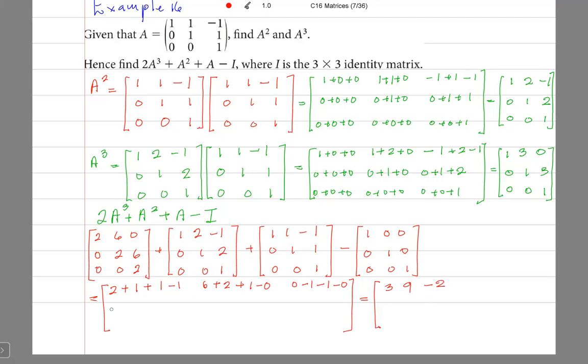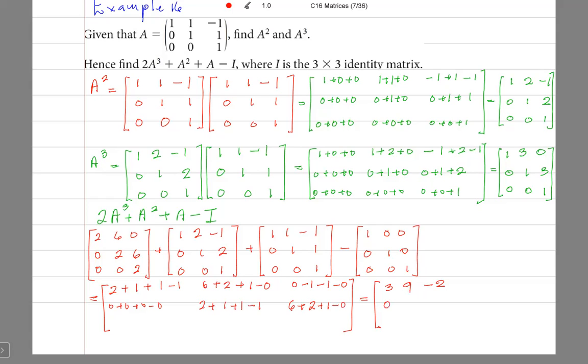Middle row, I have 0 plus 0 plus 0 minus 0. Middle, I have 2 plus 1 plus 1 minus 1. Middle right, I have 6 plus 2 plus 1 minus 0.